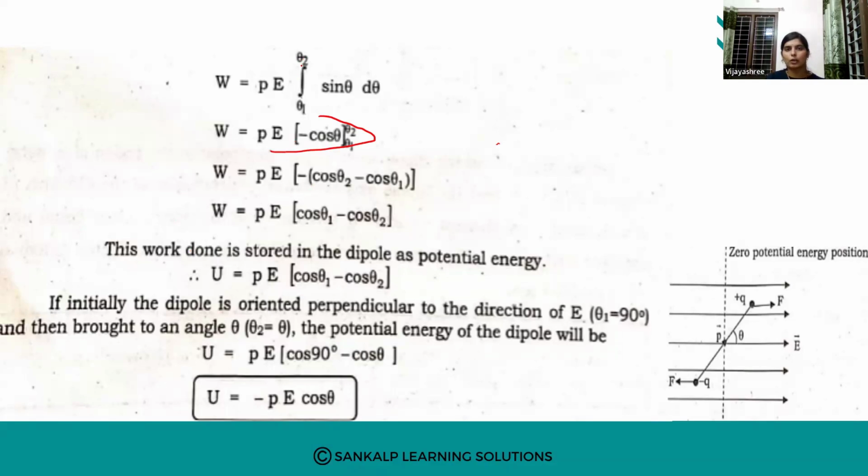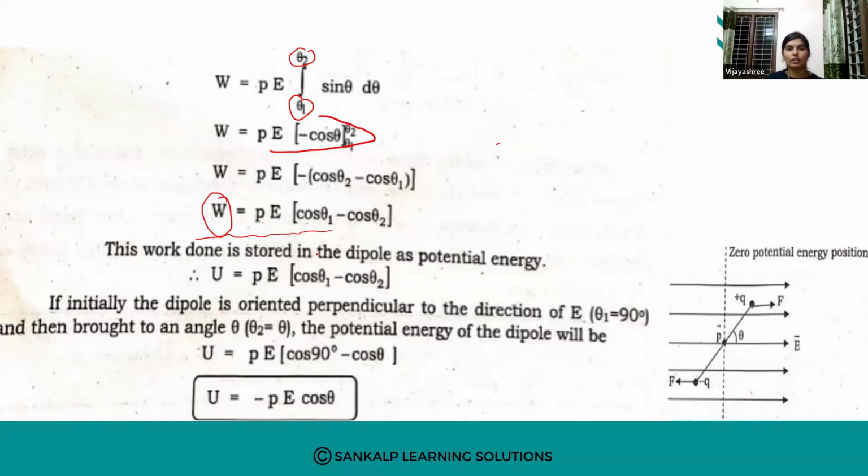Substituting theta 1 and theta 2, the total work done can be written as P into E into cos theta 1 minus cos theta 2.